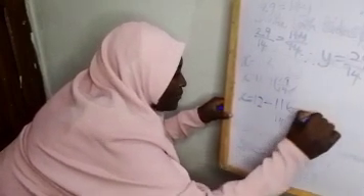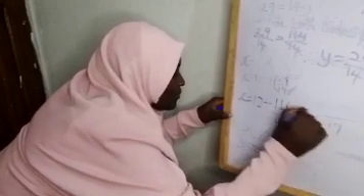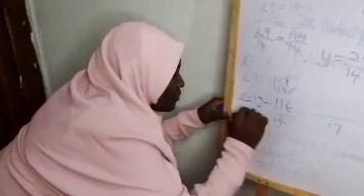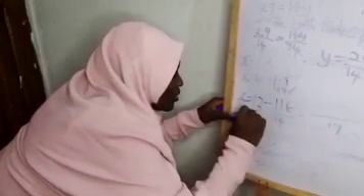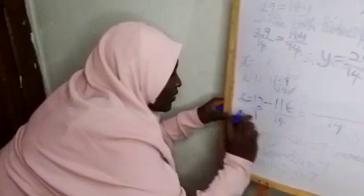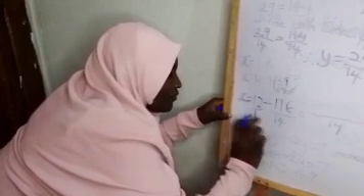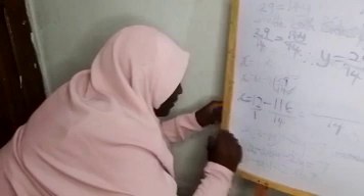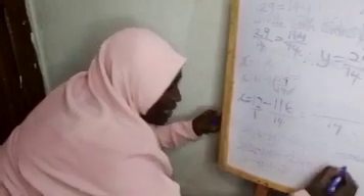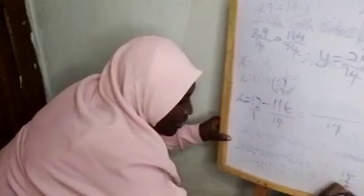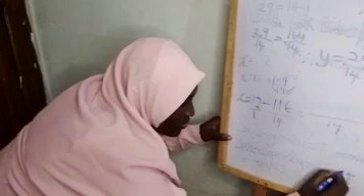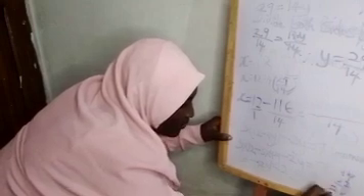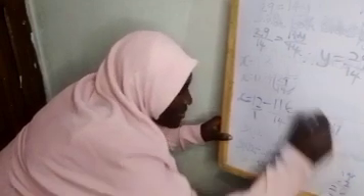So we find the LCM. That's 14. So this 12 will be 12 over 1. It's the same thing as 12 over 1. 1 in 14 is 14. 14 times 12, let's do that somewhere here. 14 times 12 is 168.